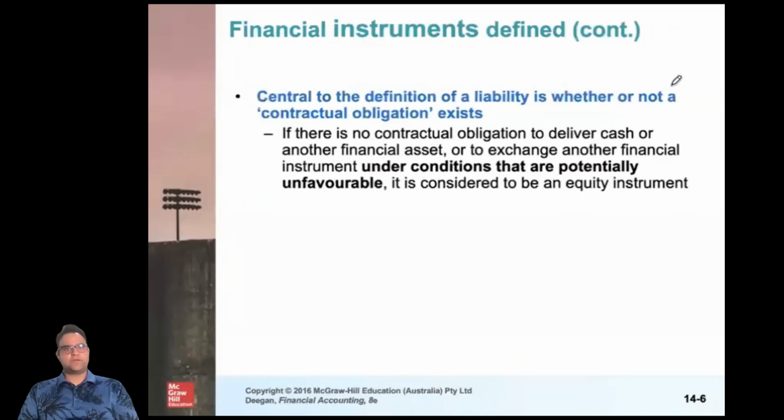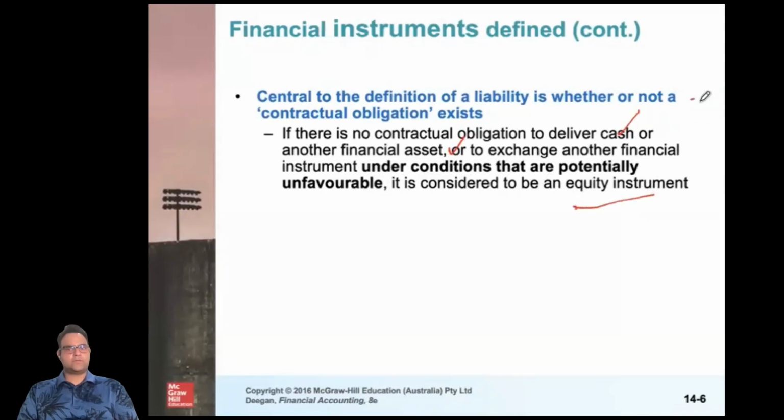Moving further, when we say these are contractual obligations or contractual assets, what does that mean? It means if there is no contractual obligation to deliver cash or other assets or exchange any other instrument under conditions that are potentially unfavorable, it is considered to be an equity instrument.